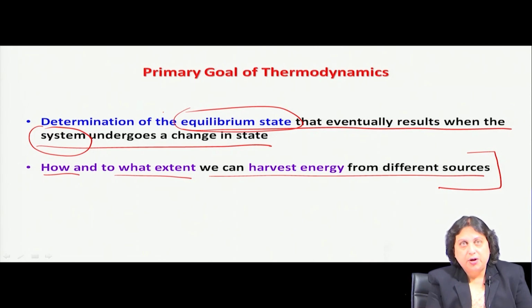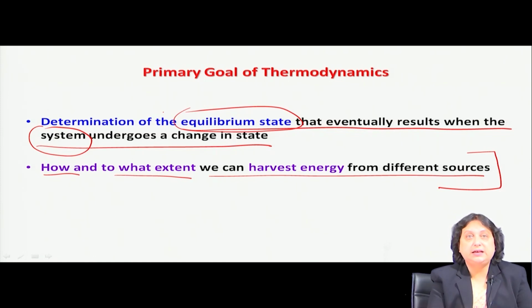And therefore, we needed to understand what will be the new equilibrium state if we start from one equilibrium state, then induce it to undergo a change in state in such a way that we can harvest maximum energy from the system to do some useful external work.